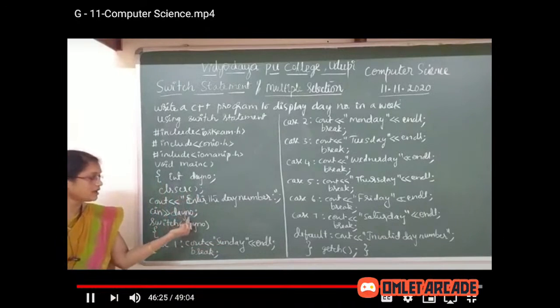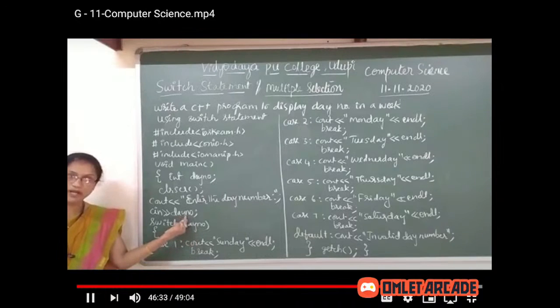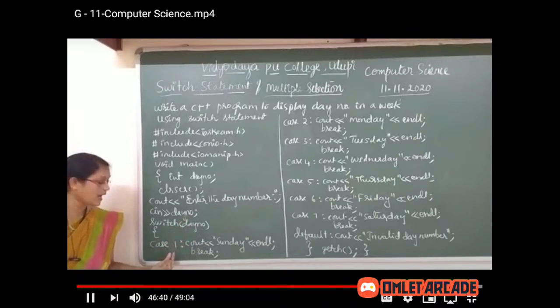So if you enter 1 here, then switch tests the value of the variable, whatever is given by you here. If you enter 1, then it compares with this one. It tests the value of the variable against the list of values given in the case table.